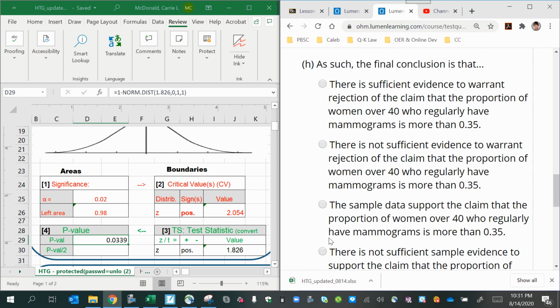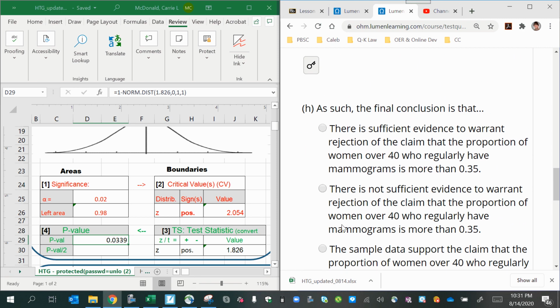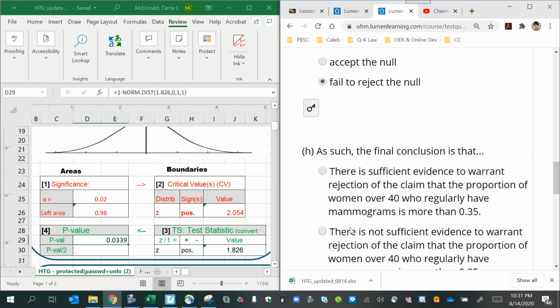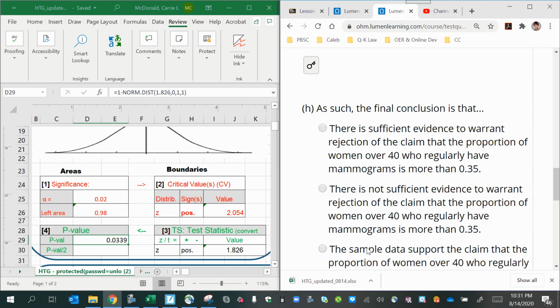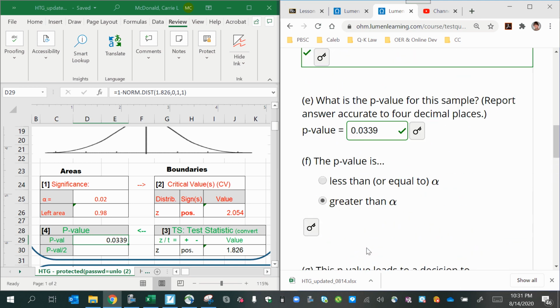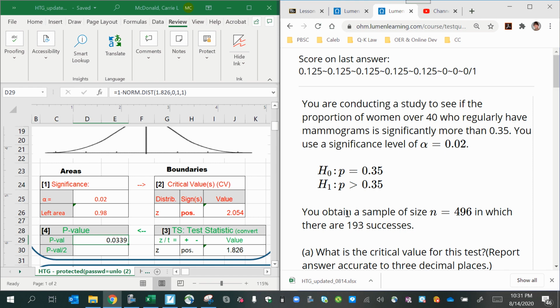Finally, we can draw a conclusion regarding the claim. Before we start picking a choice, we need to know if we are considering rejecting the claim or if we're considering supporting the claim. The way you know is if the claim fell into your null hypothesis, then it might get rejected along with the null hypothesis.